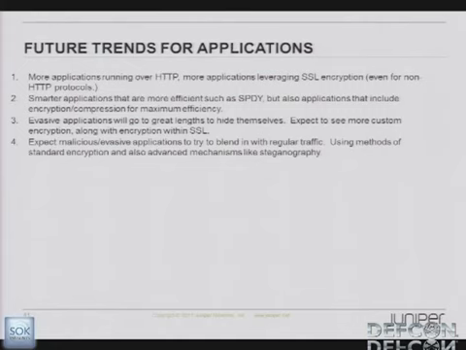I expect that applications are going to start leveraging steganography and other mechanisms to really make themselves more evasive, and that'll be really tough to block. If you think about it, we'll have to really start leveraging heuristics, especially if folks do a good job. And it's not only applications. I expect this to happen with malware as well, with botnets. They're going to start phoning home, and they probably already do a lot of this to some degree.